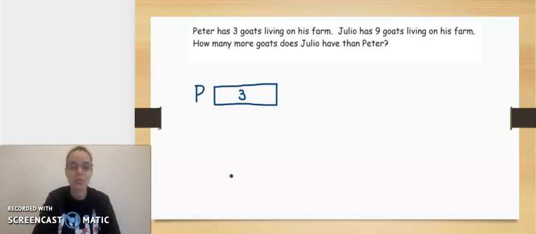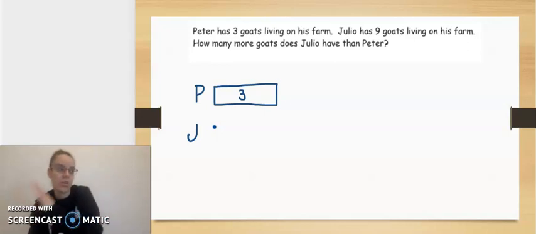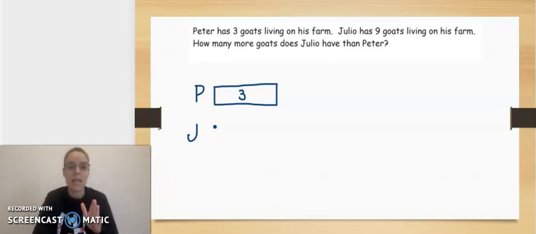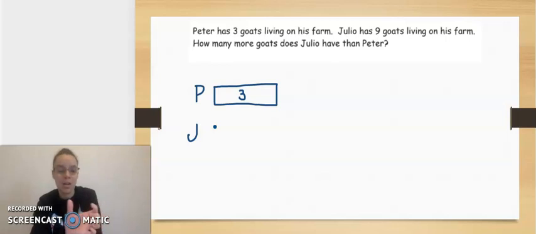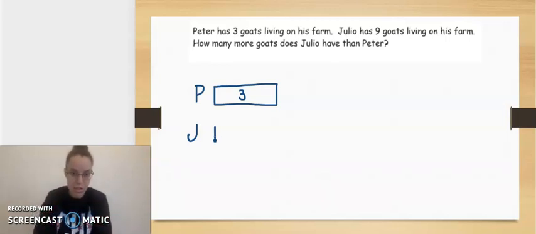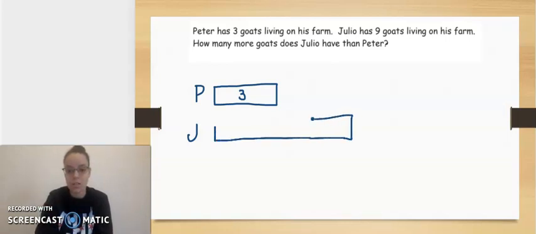Peter has 3 goats. And Julio has 9. Is 9 more than 3 or less? If it's more, should my bar be bigger than the 3 bar or smaller? Yeah, longer. So I'm going to go ahead and draw this one to here, because this has 9. Well, I know that in tape diagrams they should be the same length.